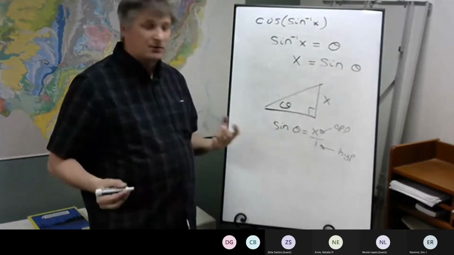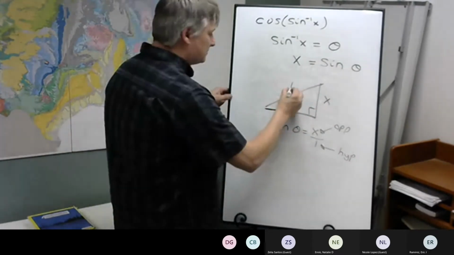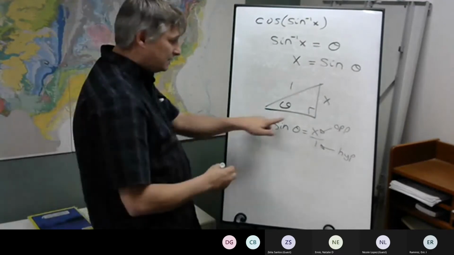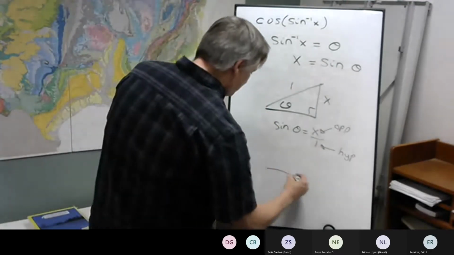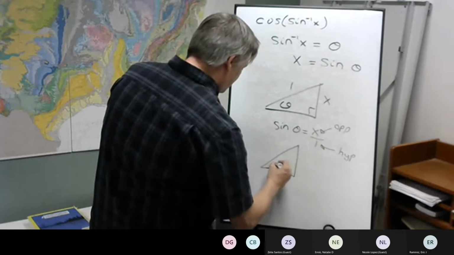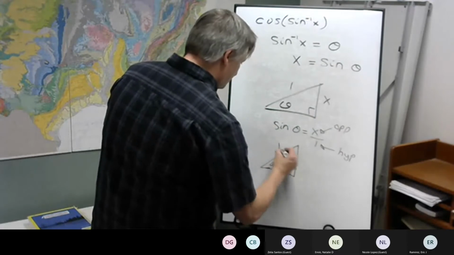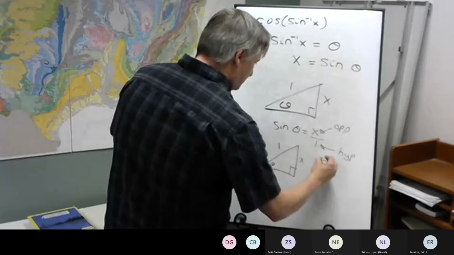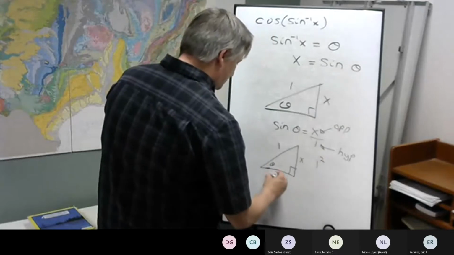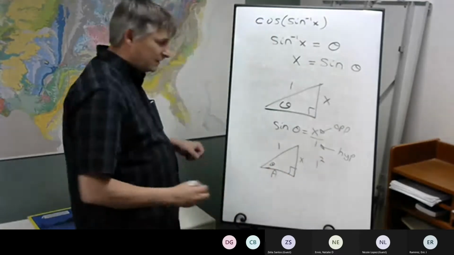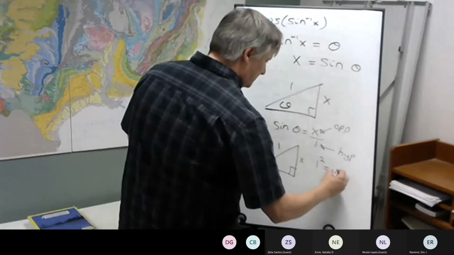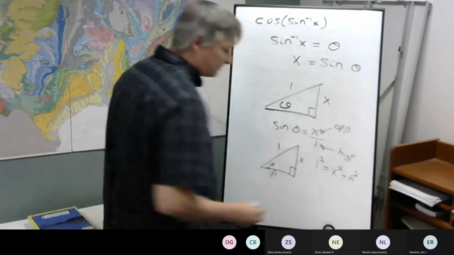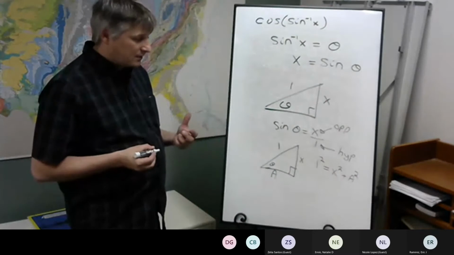And sine is opposite over hypotenuse, so the hypotenuse is going to be 1. So if we solve for this side, the adjacent side, using the Pythagorean theorem, we get x squared plus a squared equals 1 squared.